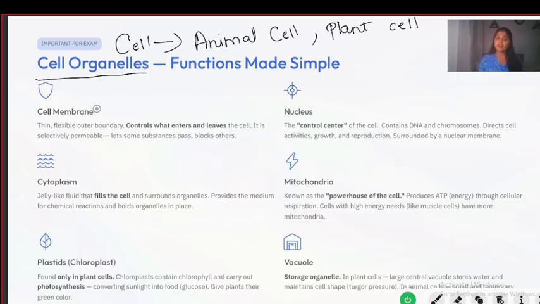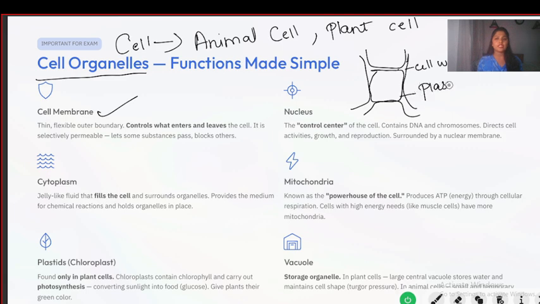Let us see in a simplified manner. The first is the cell membrane. This is your plant cell. In this plant cell there will be a covering, which is the cell wall, and this is the plasma membrane, which is also called the cell membrane. Or we can take the animal cell over here.